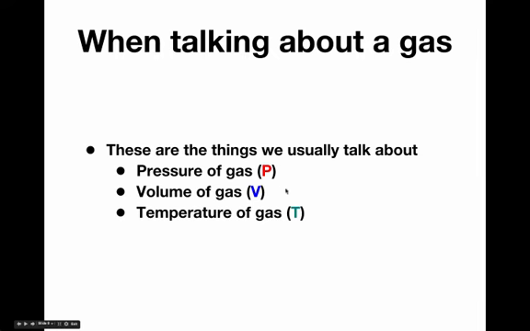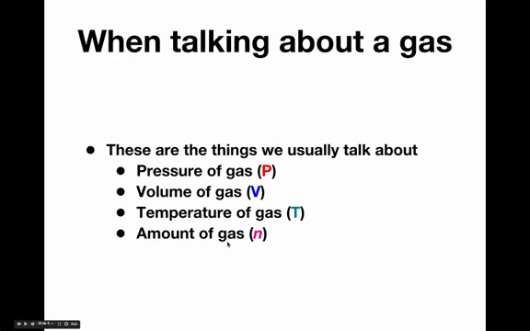Another feature of gases is that they have a certain temperature. You can have a very warm balloon with a very high temperature, or a very cold balloon with a lower temperature. The temperature of gases is usually abbreviated with the capital letter T. And finally, the other major feature we use to describe gases is how much of a gas there is in a certain space.